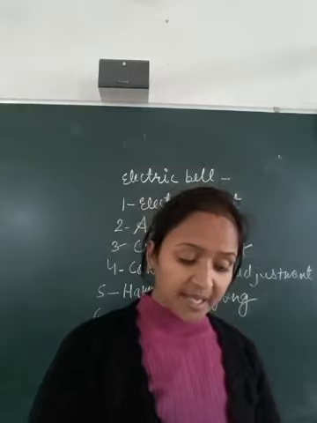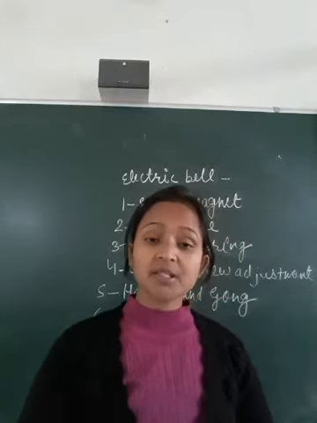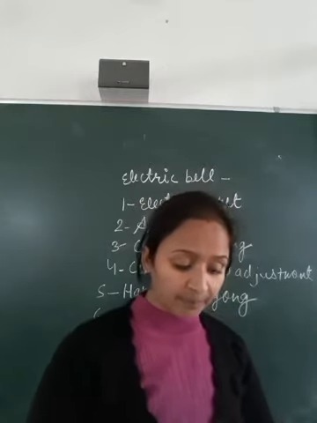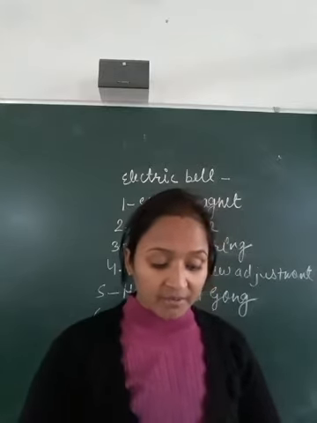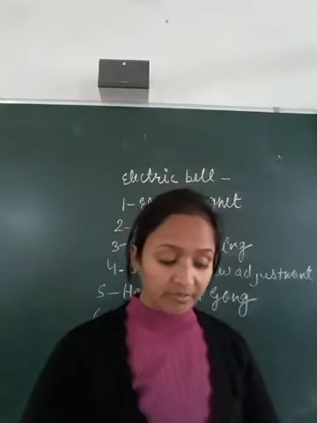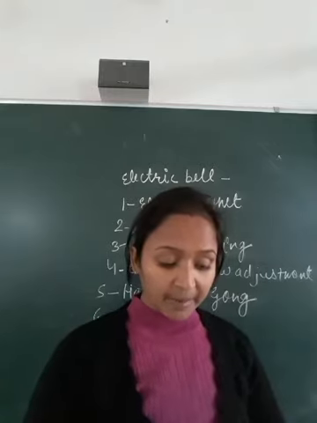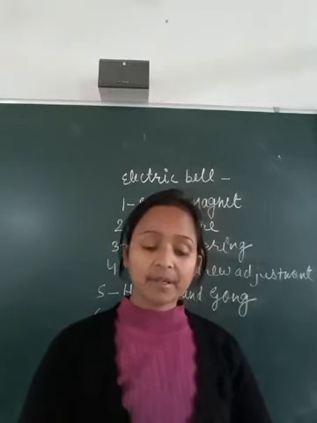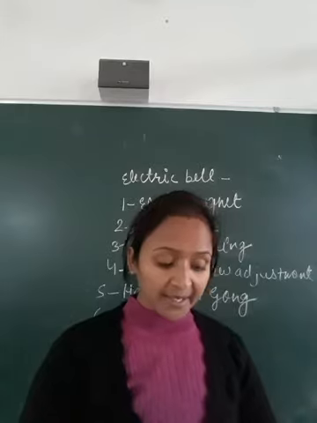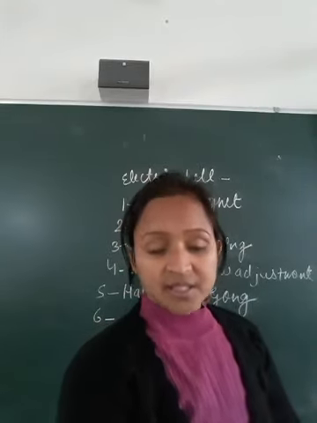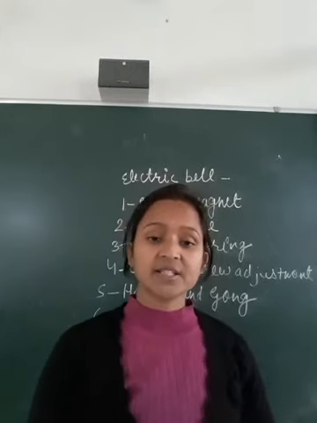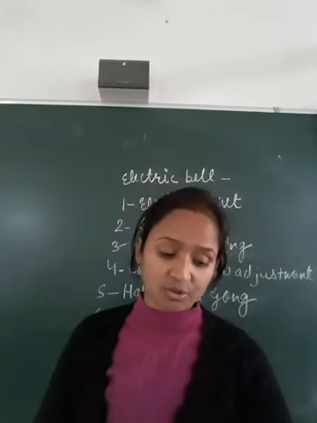And fifth one is the hammer and gong. The hammer is made of steel and is attached to the armature. When the bell operates, the hammer repeatedly strikes against the gong, and it produces the sound.